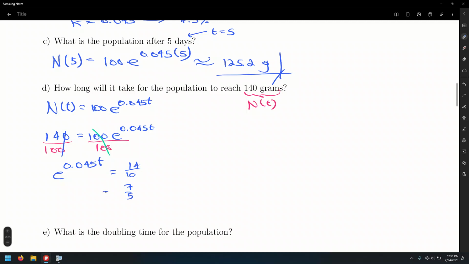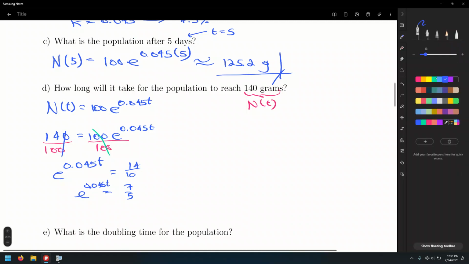And let me leave some space, you'll see why. e to the 0.045 t. How about we do ln to both sides? We do ln to both sides because we have the exponential base e, the natural exponential. So we will do the natural log on both sides to cancel those two. 0.045 t equals ln of 7 over 5.